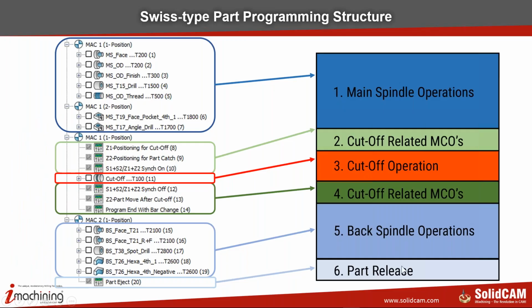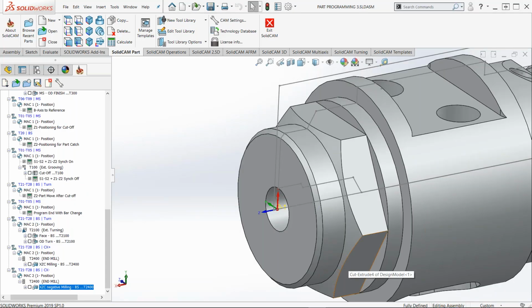As you can see here, we have a part release. This is a very critical MCO since it shows and presents to the software where the part is now released from the machine itself in order to be able to define the part machining continually.